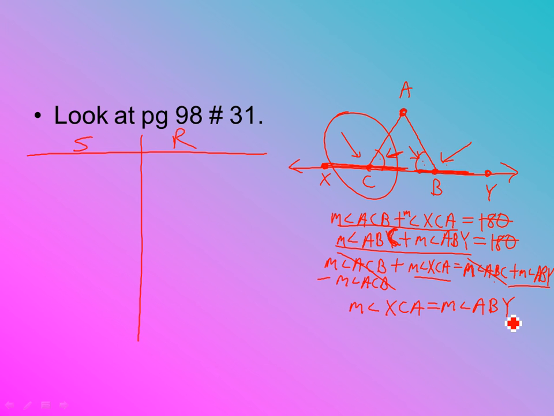Actually, instead of naming this angle ABY, I should have been naming it YBA all the way through there. It's the same angle, just a different way to name it. So when I go to do my two-column proof over here, the first thing I'm going to write is measure of angle ACB equals measure of angle ABC.